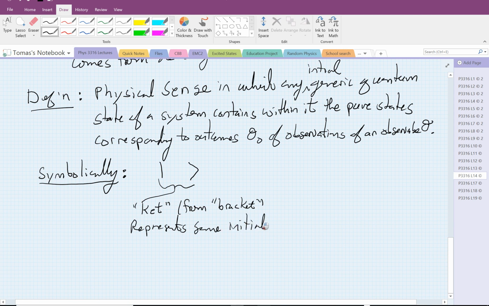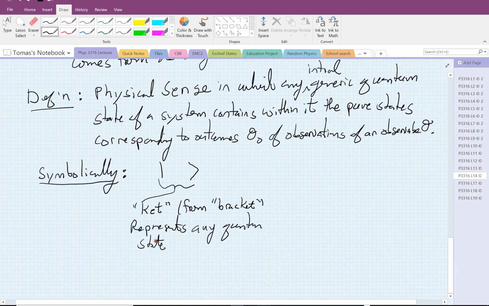It doesn't have to be special. It doesn't have to be a pure state. Actually, this represents any quantum state. That's probably a better way to say what the ket does.